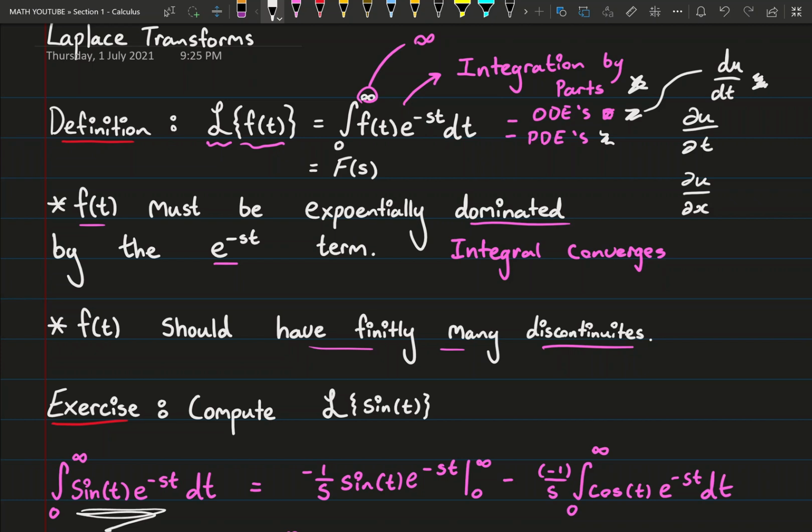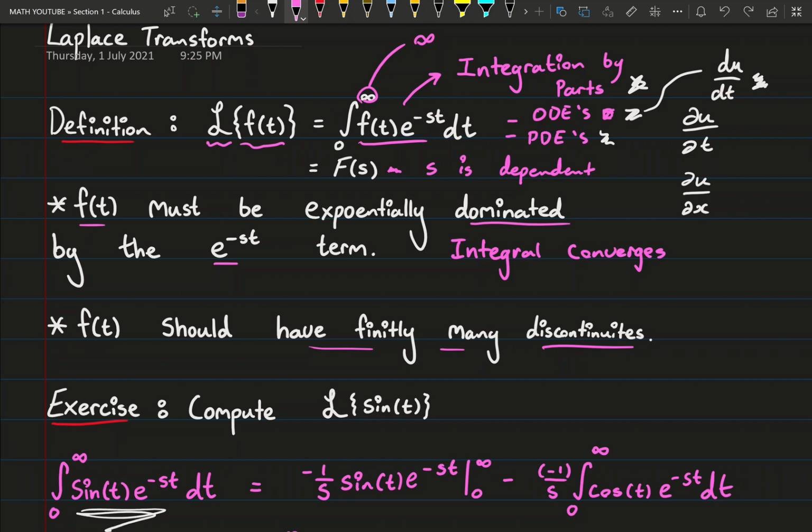And we can define the Laplace transform as this big function F of s. That means s is our dependent variable after the transformation. However, before the transformation, it is independent. So if we had a multiple of s here, we could just drag that outside of the integral.